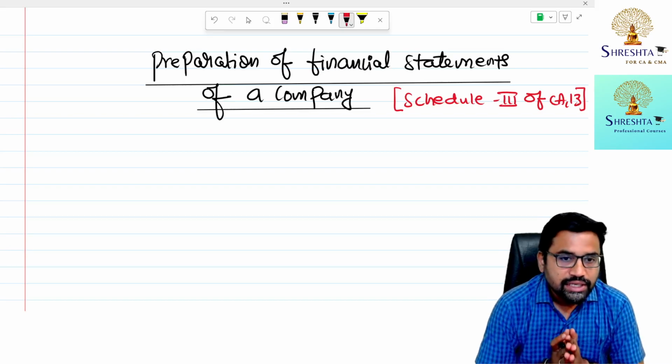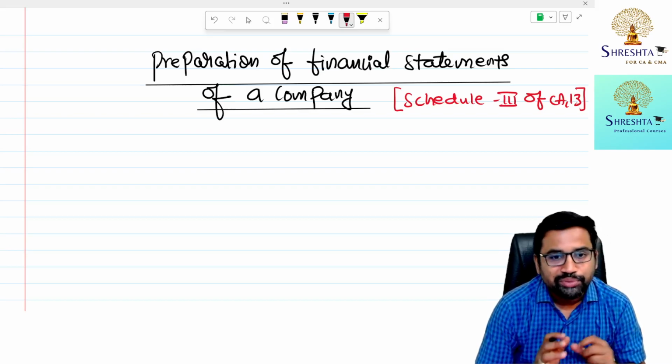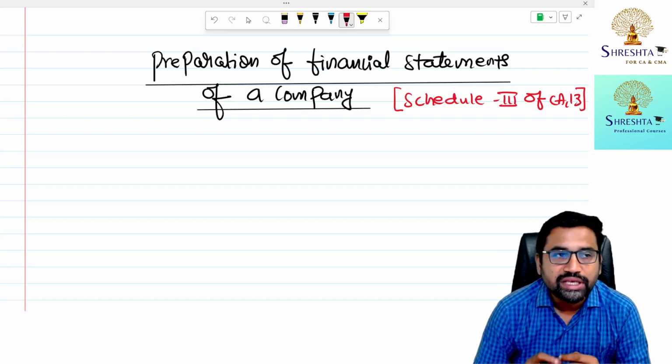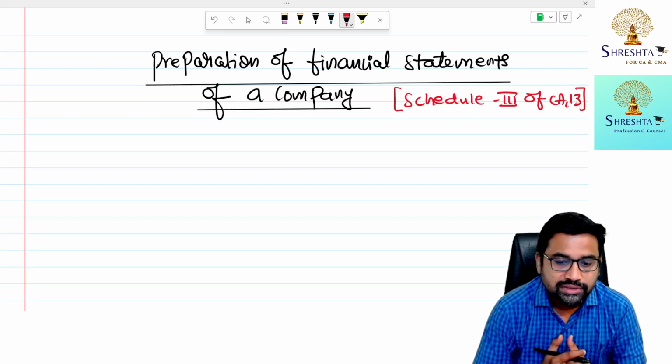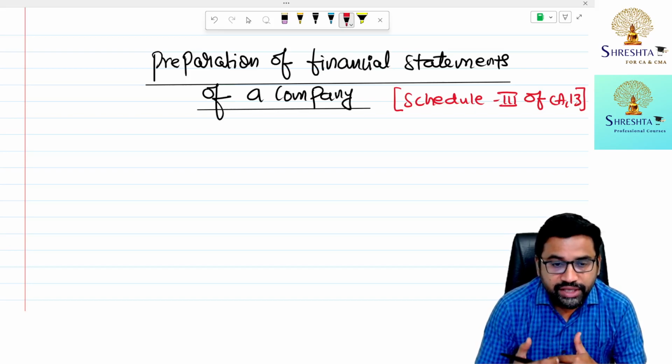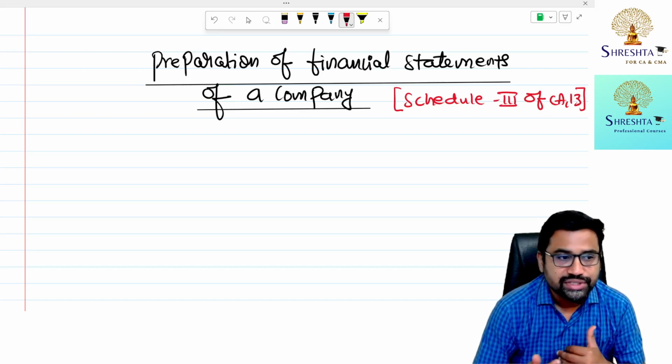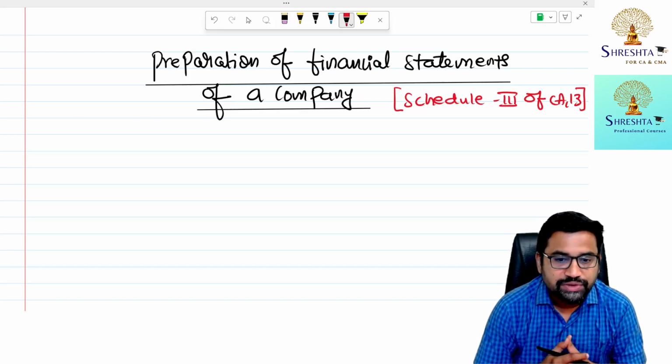Now basically we have to prepare the financial statements of a company as per the format given in the Companies Act. Also this Schedule 3 has given certain general instructions for preparation and presentation of financial statements.